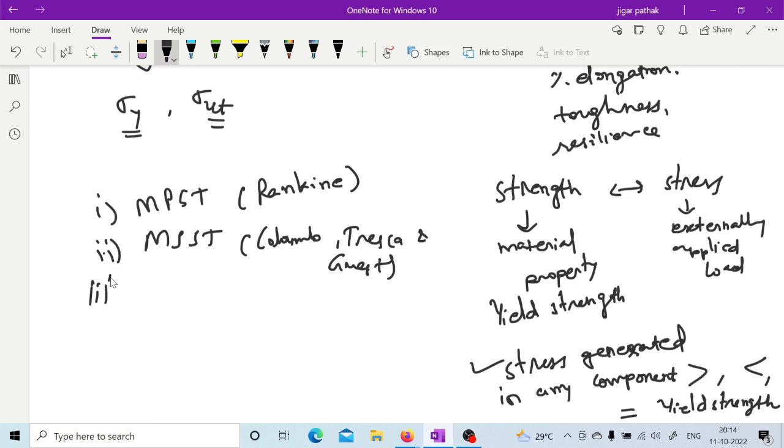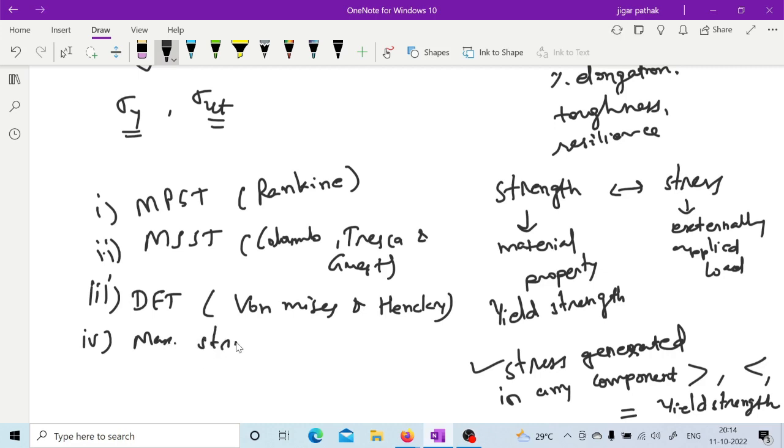These are the scientists who proposed these theories. The distortion energy theory is by Von Mises and Hencky. Then the maximum strain theory is from Saint Venant.